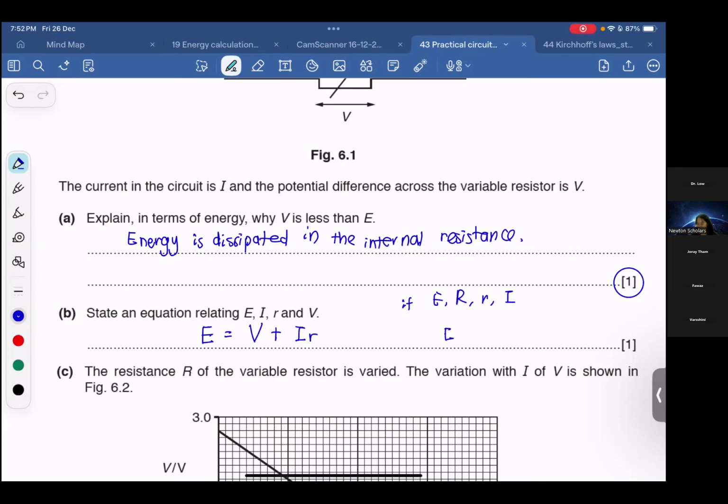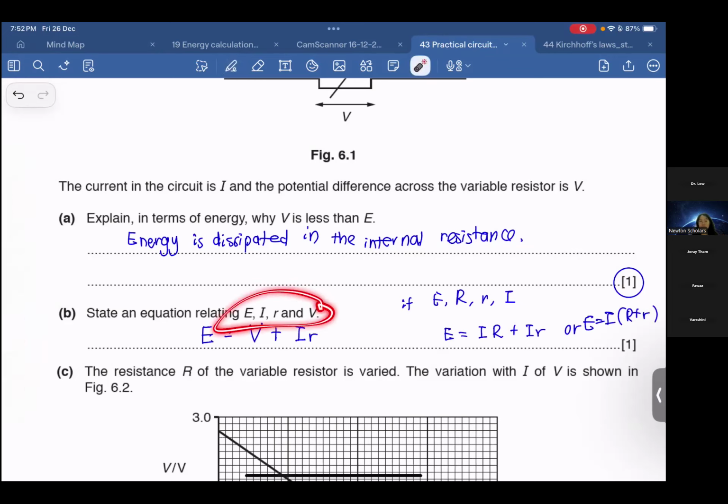Your answer should be E equals IR plus Ir, or E equals I(R plus r). It depends on what physical quantity they give. If they didn't write in terms of V, they give you I and then the external resistance R and then internal resistance small r, and this E is EMF. So these two will be our answer. These three formulas actually are the same formula, it just depends on what information we have. Should be no problems.